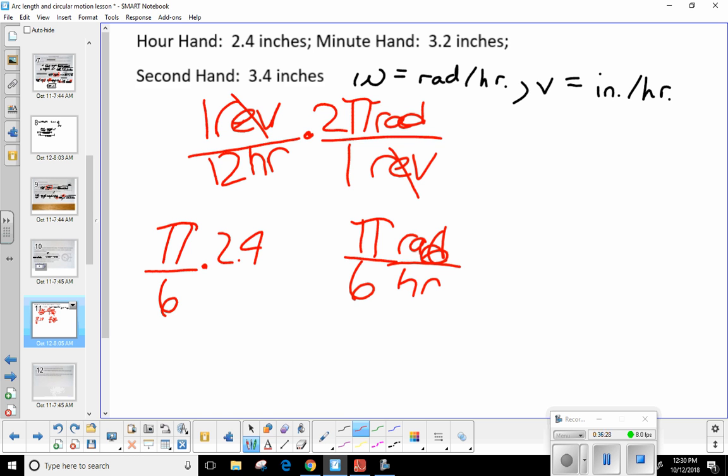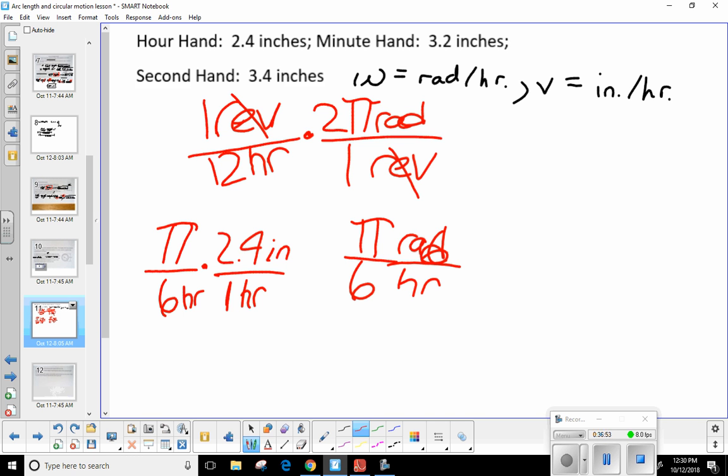Now we're going to take that angular velocity. We're going to multiply it by the radius, which will give me the linear. Thank you, sir. Okay, so this one we are going to approximate. So it looks like we need to take pi times 2.4 and then what? Divide by 6.